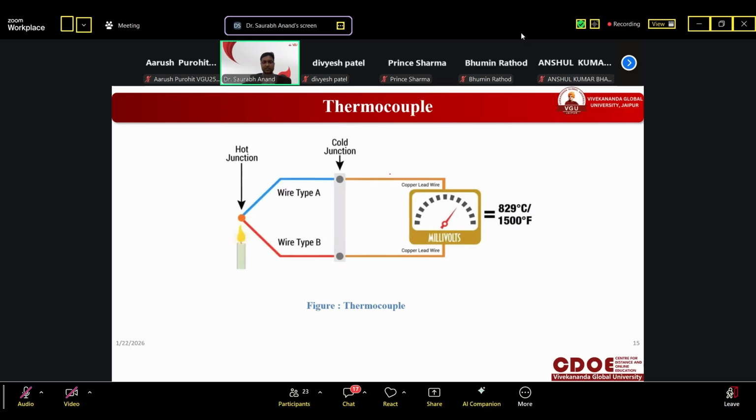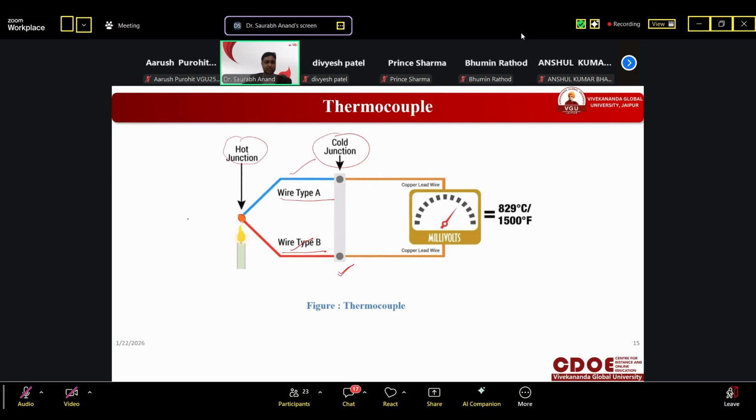This is the diagram. How does it work? There are two wires of different material, wire type A and wire type B. There are two junctions: one is the hot junction, the second is the cold junction. This point is continuously sensing the hot temperature, and this is continuously sensing the cold temperature. Suppose the temperature is 29 degrees centigrade and we want to maintain it at 19.